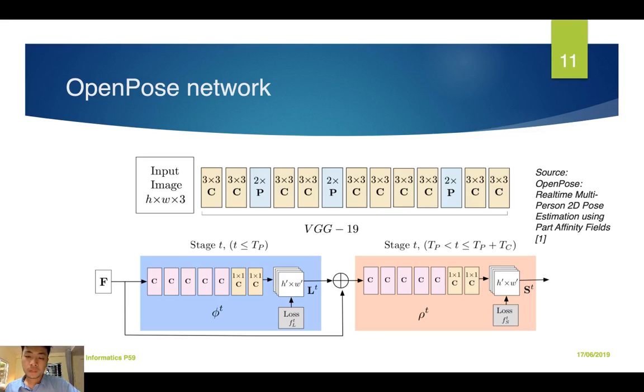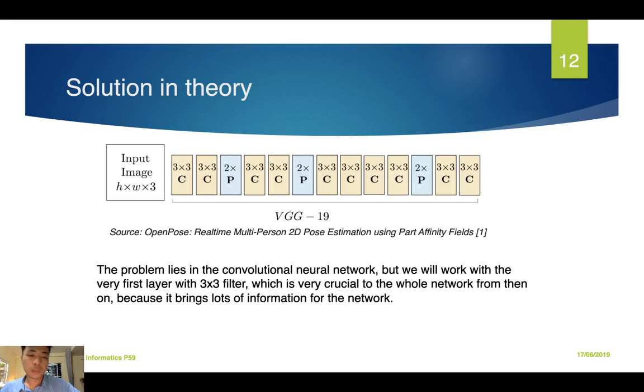Well, I will only be working with VGG because I believe that if I can feed the network more meaningful information by altering the first layer of the first stage here, the 3x3 convolutional layer here, it will be very meaningful to the network.